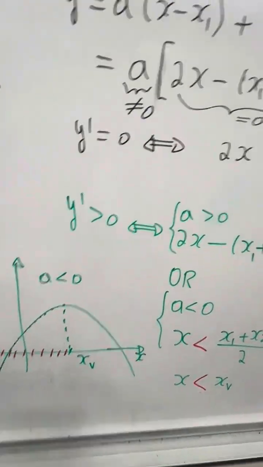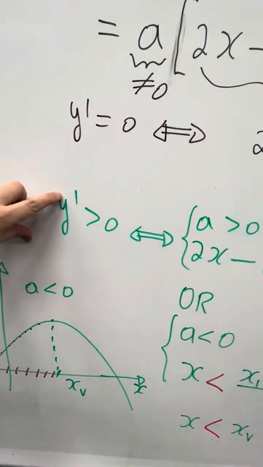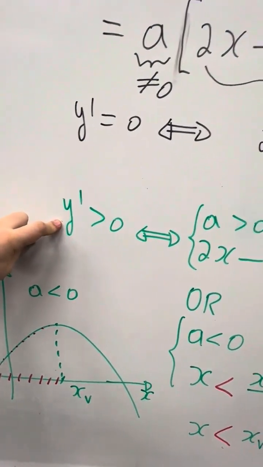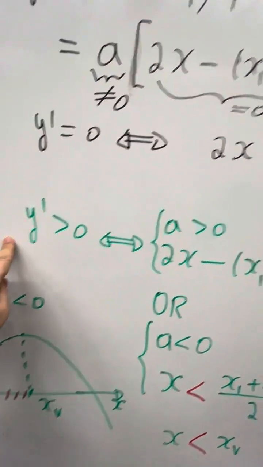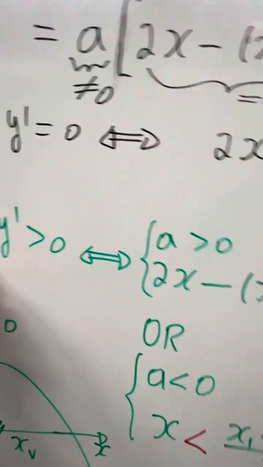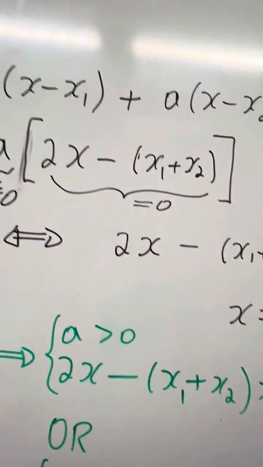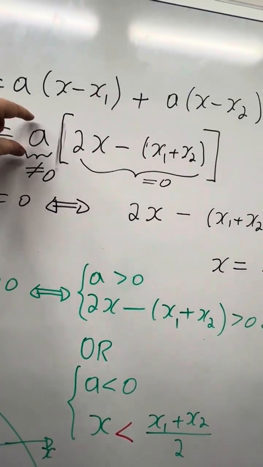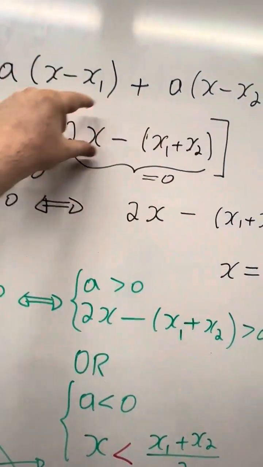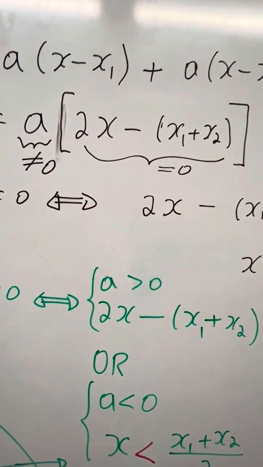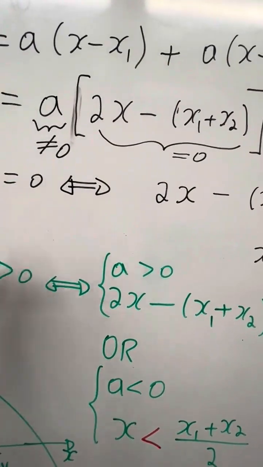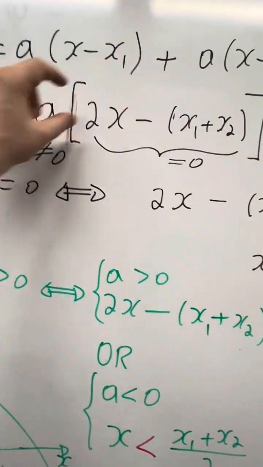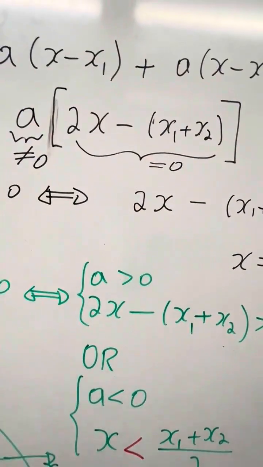Okay? The parabola is increasing when the derivative is positive. So the derivative is positive. For this here to be positive, I have to have this a positive and this other factor positive, or I also have two factors negative, a negative and this negative as well.